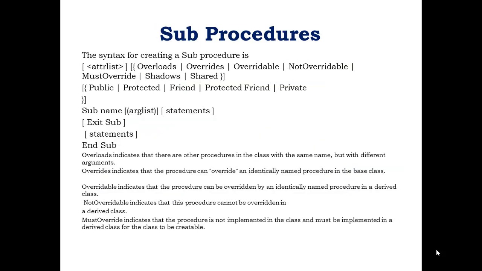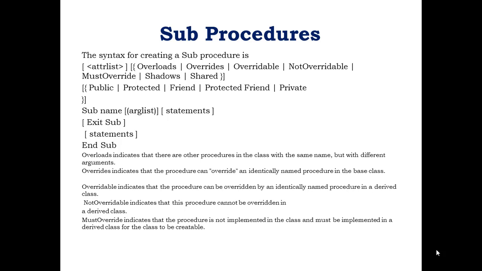The first type, the sub procedure syntax, starts with the attributes list. These are the optional cases: Overloads, Overrides, Overridable, NotOverridable, MustOverride, Shadows, Shared. Next we move to the access modifier: Public, Protected, Friend, Private. The next important keyword is Sub, which denotes a sub procedure.